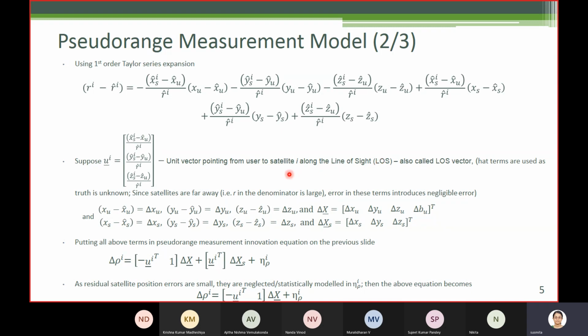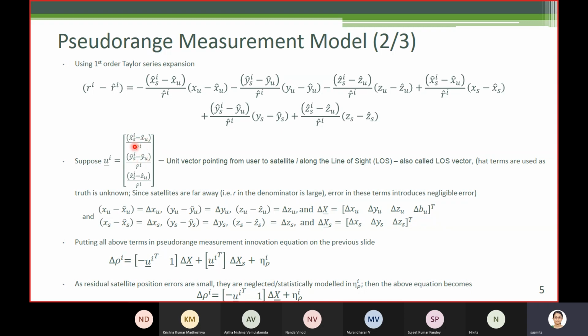Okay. Now we are using X hat here and here also. For R also we are using the predicted range. But this does not introduce large error because the satellites are far away. R is much larger than the numerator. Here we take the difference.